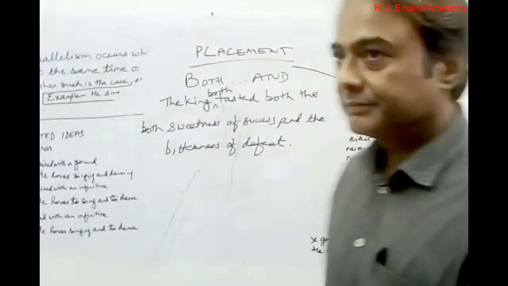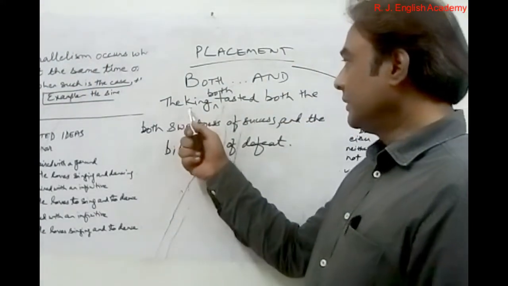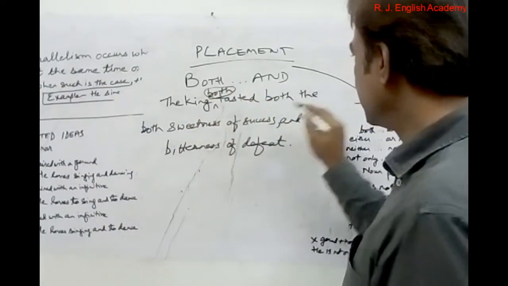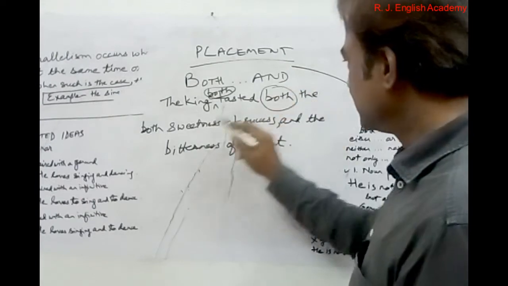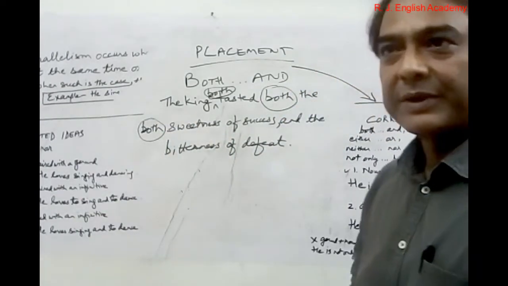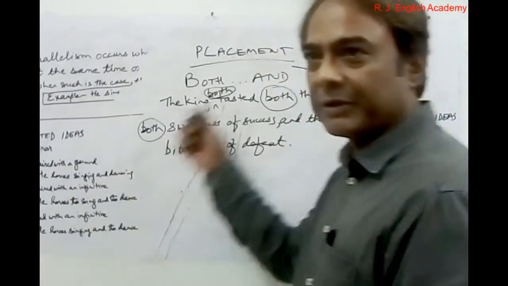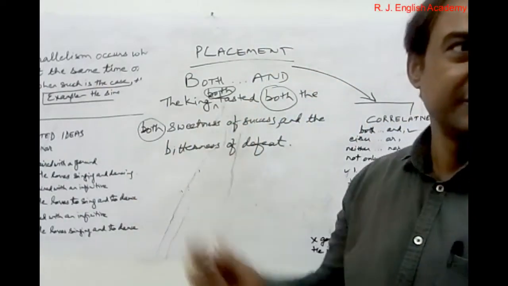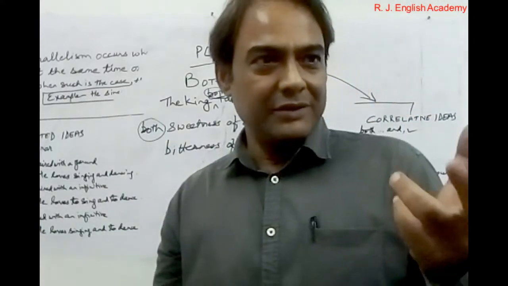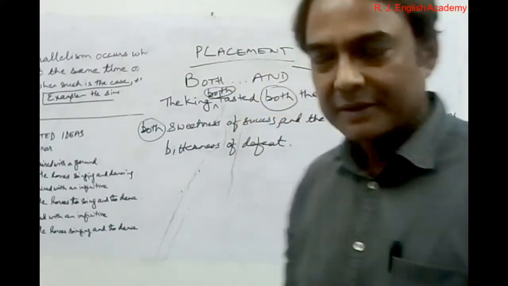Can you see? We have used both at three different places: 1, 2, and 3. We are talking about the placement of the correlative conjunction. Where do we place it? The placement changes the meaning.